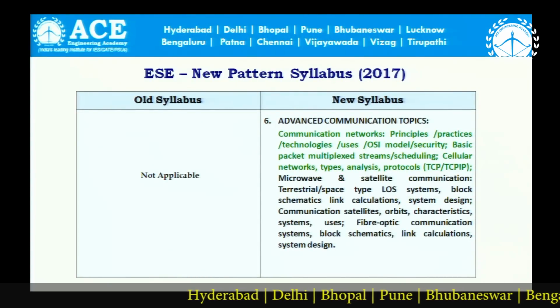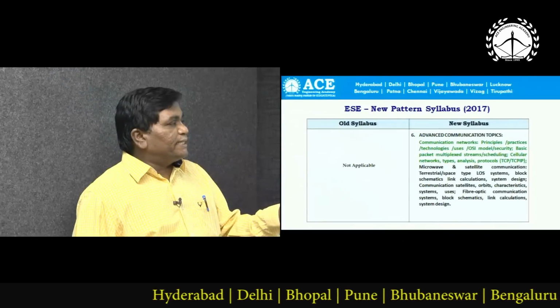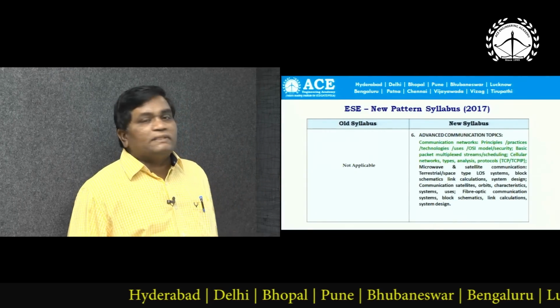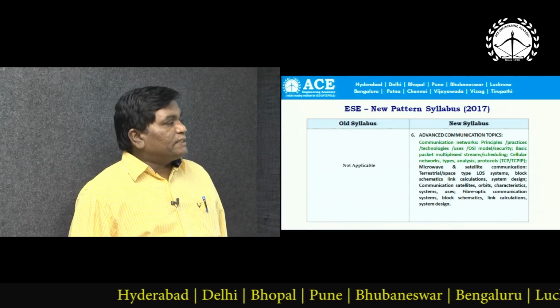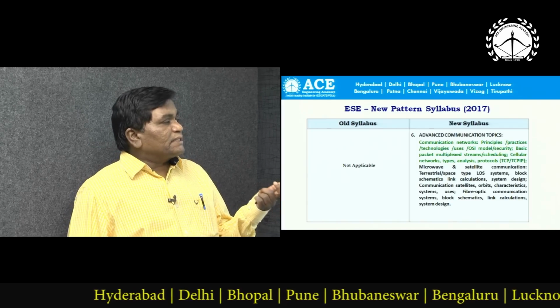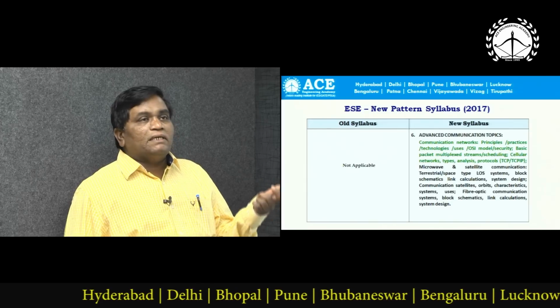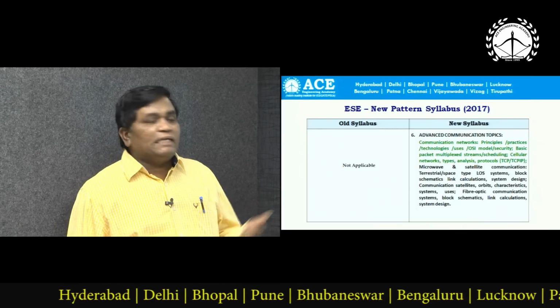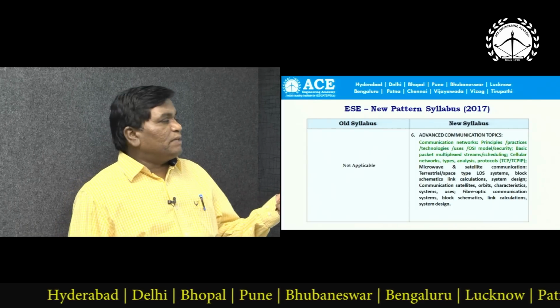The last subject, advanced communication topics. Again, this is a new subject included which is not in the earlier syllabus. The subject starts with communication networks, the OSI reference model, what are the various cellular networks types, and also the protocols used in wireless networks like TCP/IP protocols.